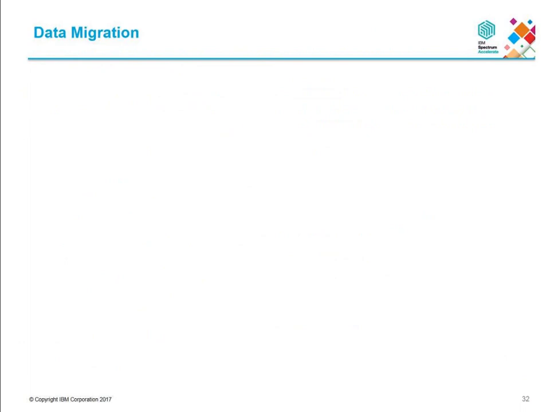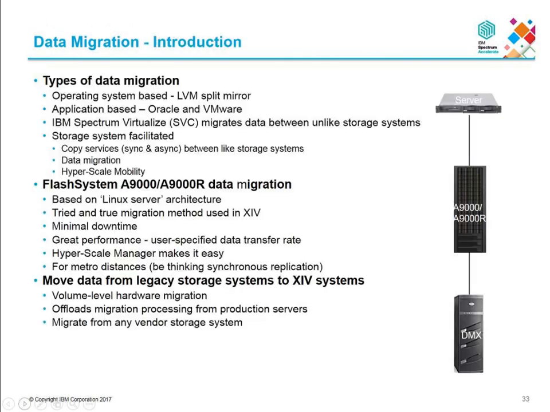All right, no other questions. I'm going to go ahead and keep moving forward. Talk a little about data migration. So I have the ability in the A9000, in the XIV as well, to essentially have the box act as a Linux host to pretty much any legacy storage, Fiber Channel or iSCSI, and then basically take the information off of the legacy storage and bring it onto itself, while it's also serving IOs from the host.